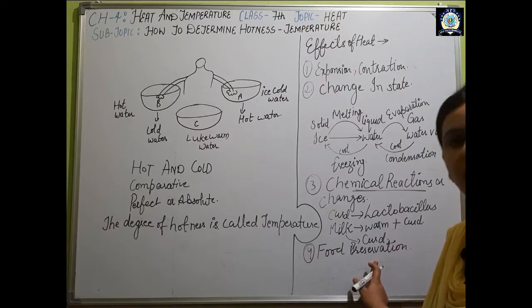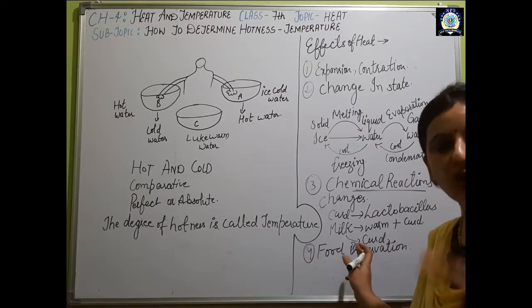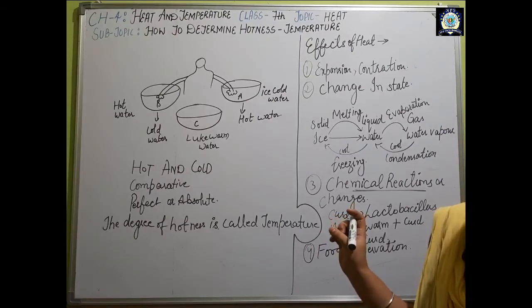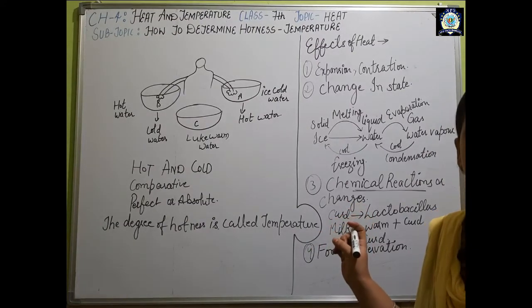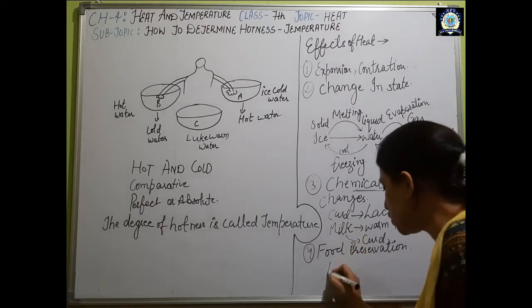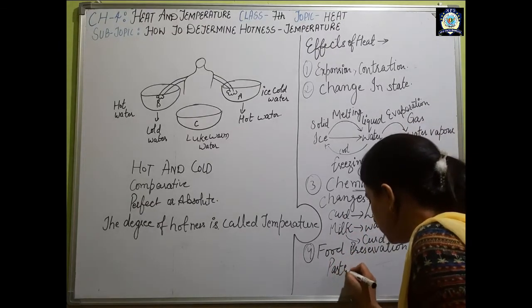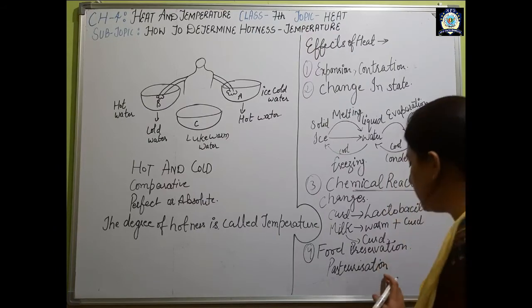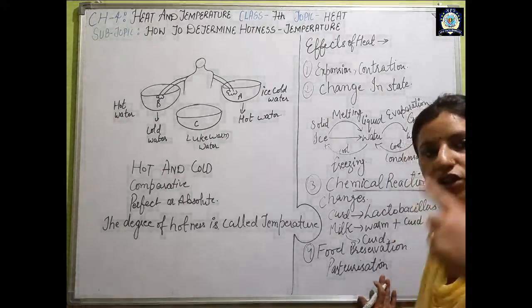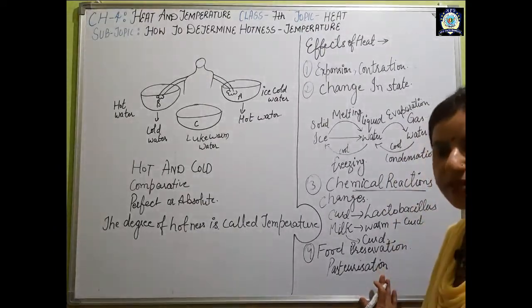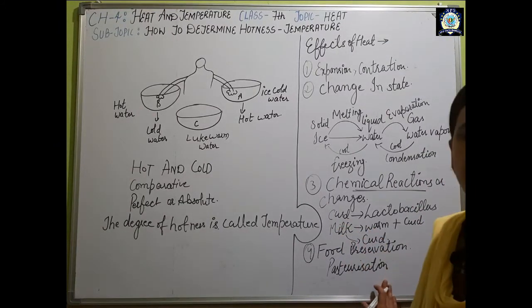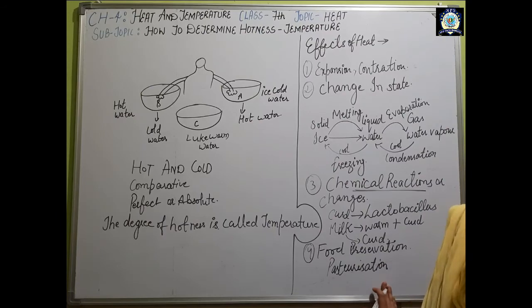We heat the milk, cool it, heat it again, cool it again, and in big industries milk is preserved with this process which is called pasteurization. With this continuous heating and cooling, the bacteria are killed and the milk is preserved for a long time.